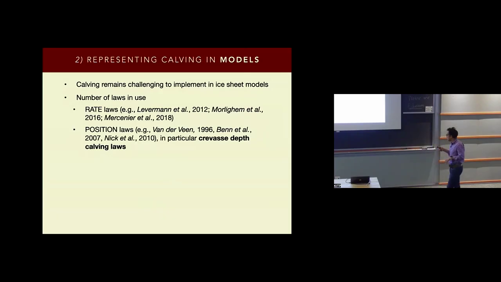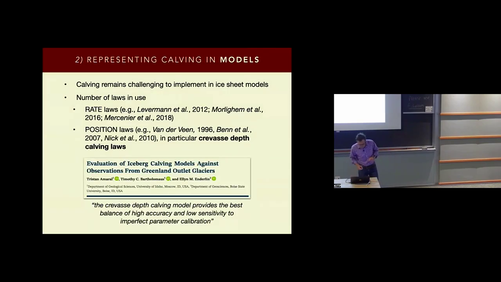In particular, what I want to focus on is this crevasse depth carving law. And to justify my choice here, there was a review by Amaral et al. where they say the crevasse depth carving model provides the best balance of high accuracy and low sensitivity to imperfect parameter calibration.